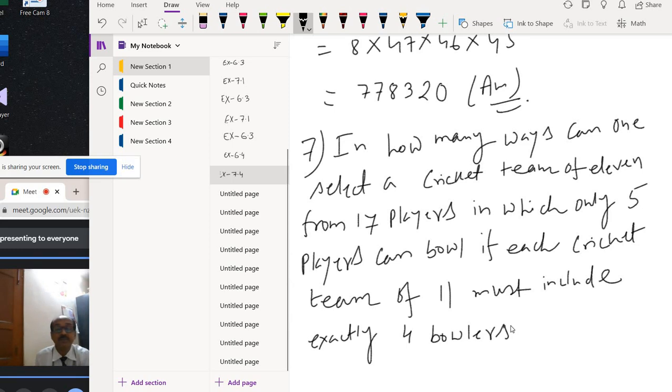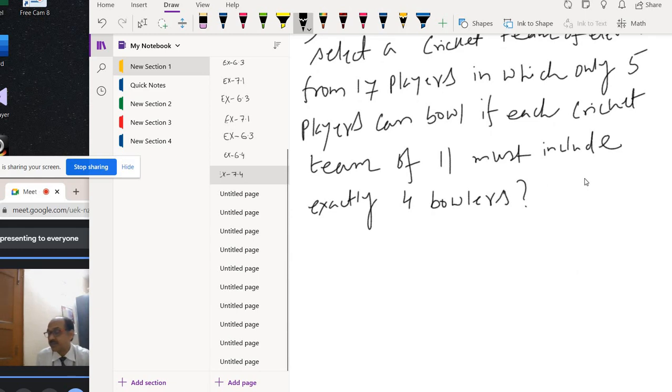Okay. So in total we have 17 players. Out of 17 players, 5 players can bowl, 5 bowlers. So the others are 17 minus 5, that is 12. Now we have to select 11 players, and out of 11, 4 bowlers and 7 others.